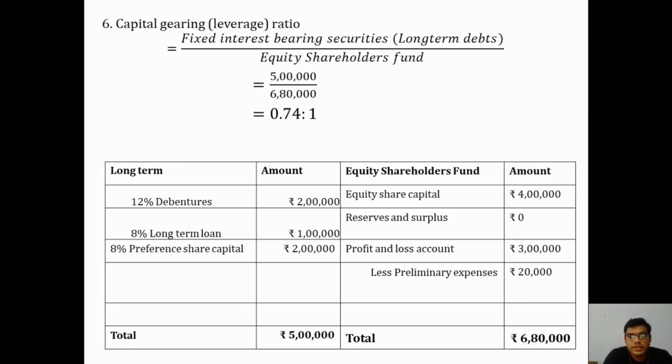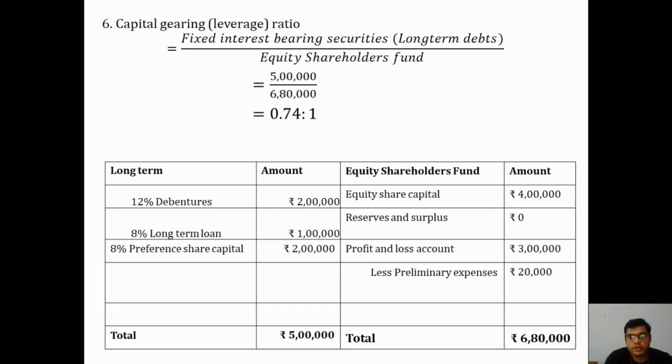So we consider these three items as long term. The total will be 5 lakh, that is fixed interest bearing securities of 5 lakh rupees. Equity shareholders fund, that is owner's equity, remains 6 lakh 80,000. So 5 lakh divided by 6 lakh 80,000 is 0.74 is to 1.